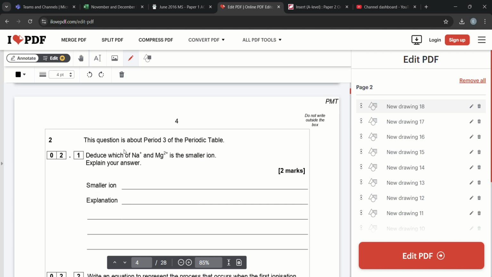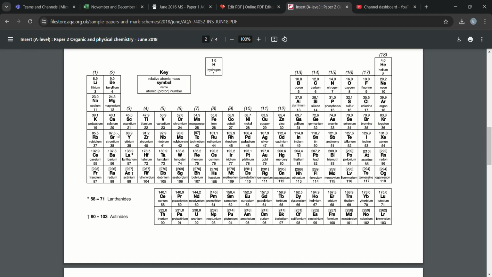Question 2. This question is about period 3 of the periodic table. Deduce which of Na+ and Mg2+ is a smaller ion and explain your answer. If we go to the periodic table, sodium and magnesium.